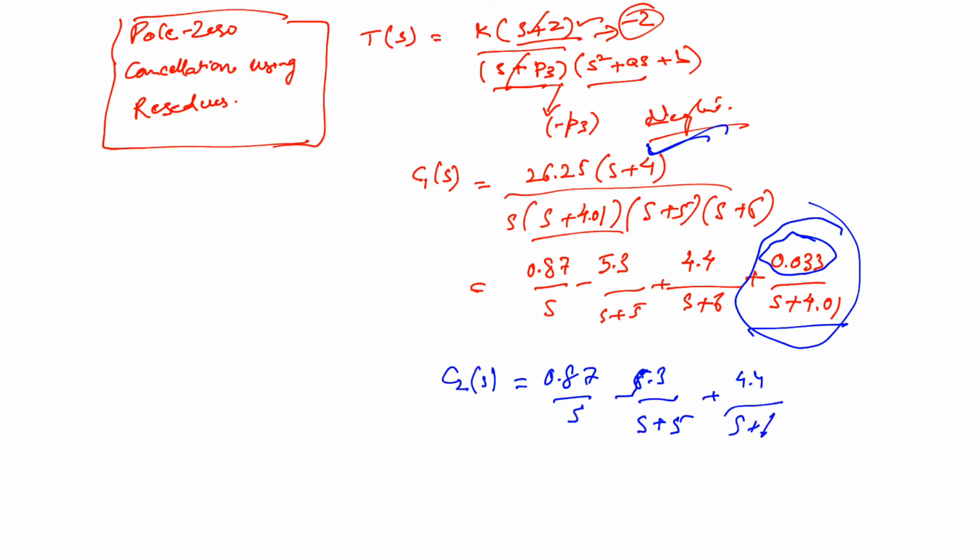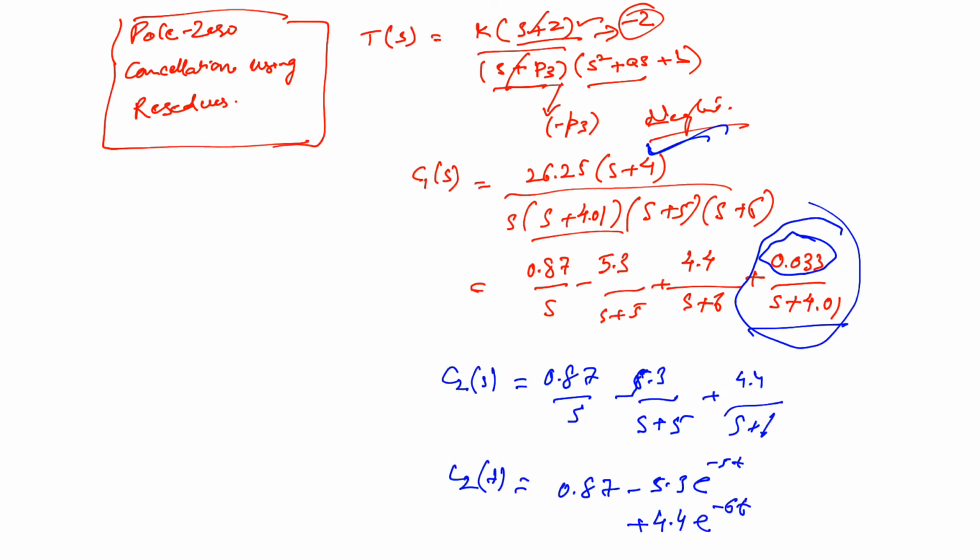Now the final response in the time domain can be obtained by inverse Laplace transform, that is equal to 0.87 minus 5.3 e to the minus 5t plus 4.4 e to the minus 6t.